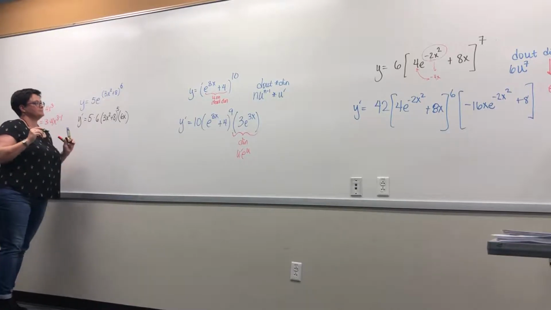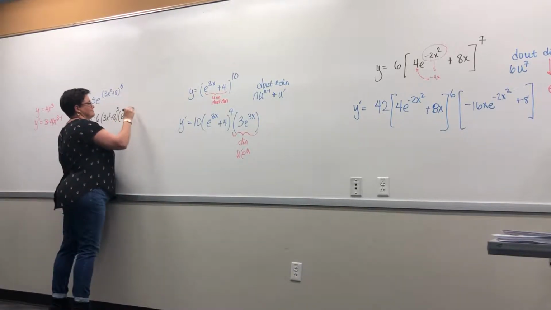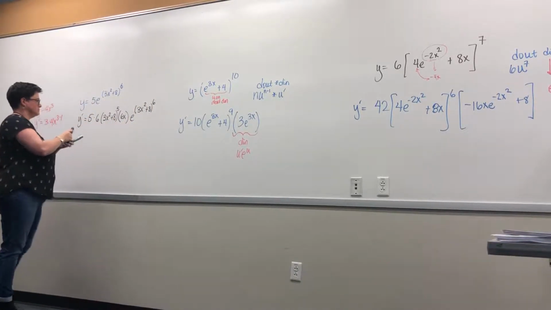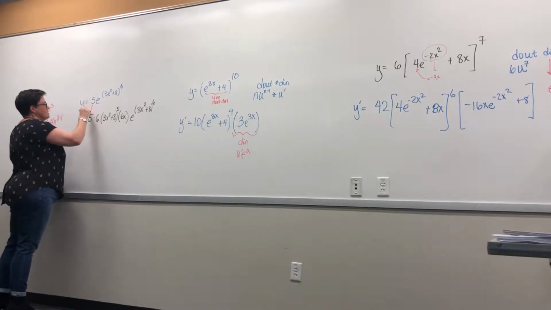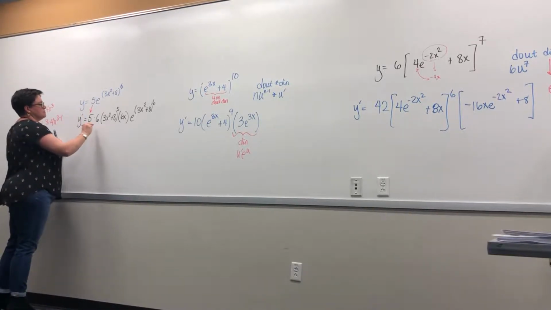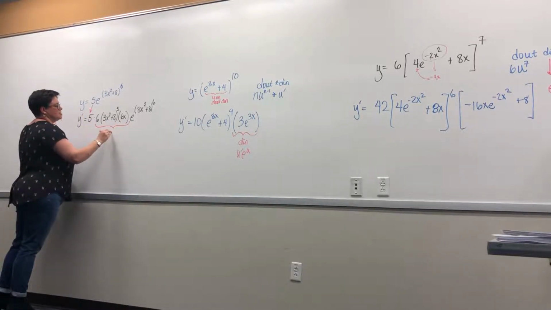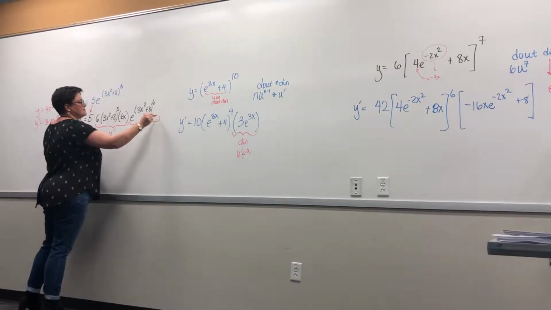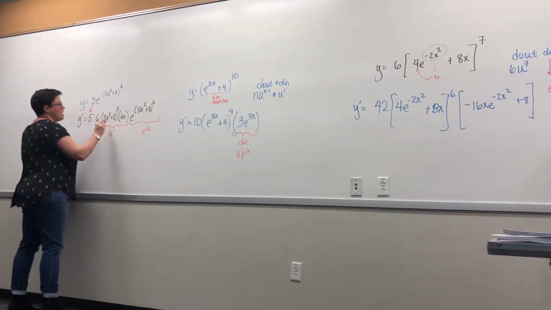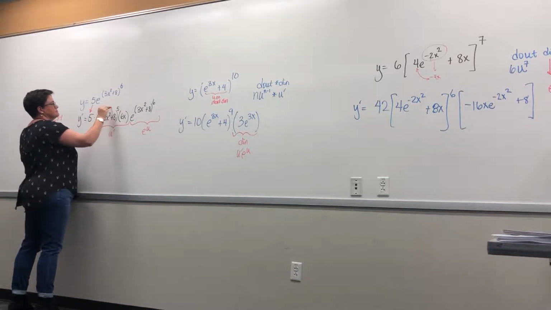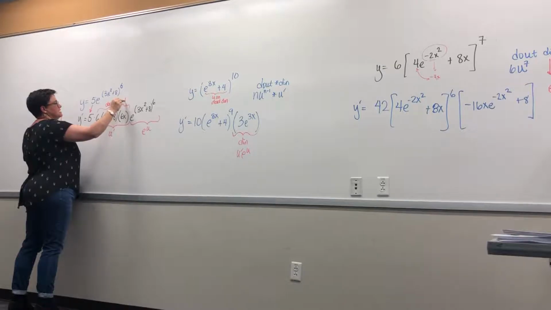Times what? e to the all of that junk. That's right. So here's my constant coefficient, drops down. This is u prime. This is e to the u. On u prime, I did d out, d in.